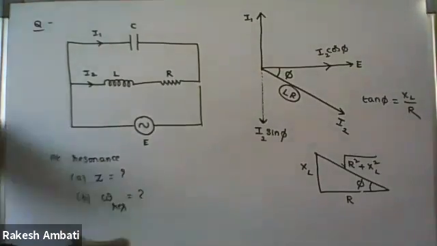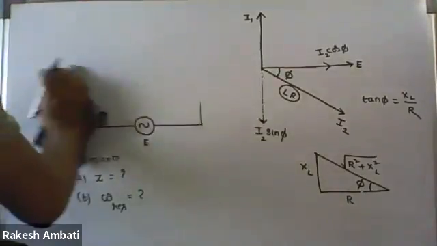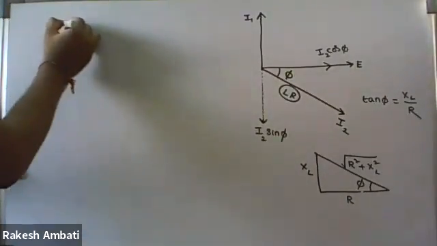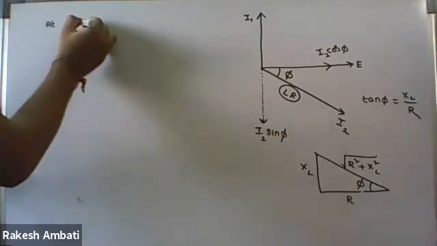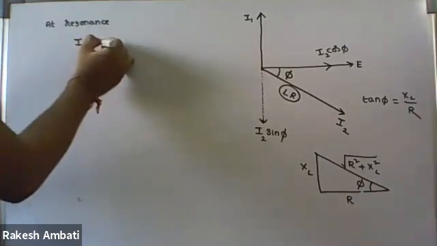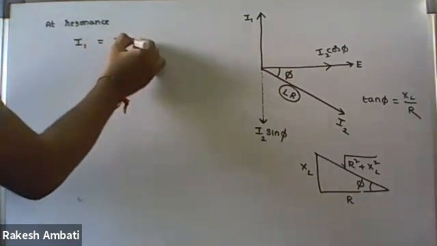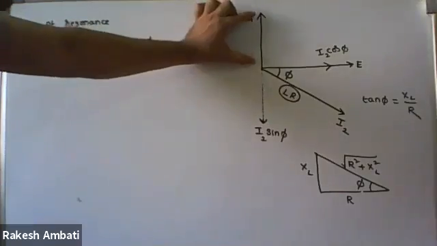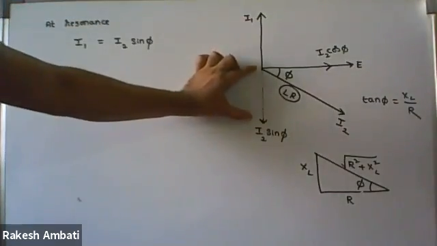Write down: at resonance, I1 equals I2 sin phi.